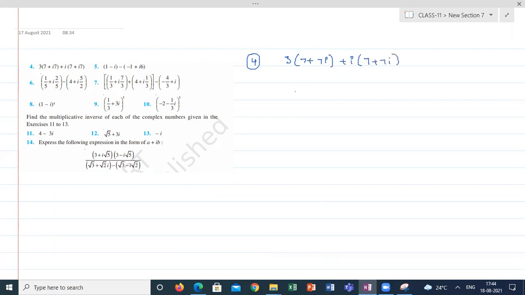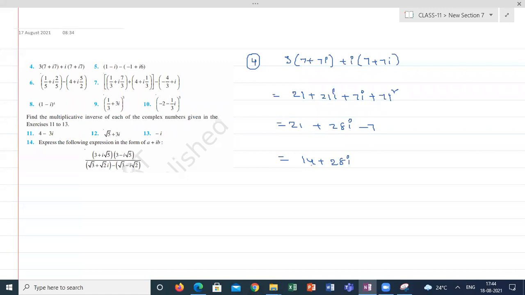You can use your algebraic skills to solve this one. Straight away you can expand: 21 plus 21i plus 7i plus 7i square. This will be 21 plus 28i minus 7. This will be 14 plus 28i.